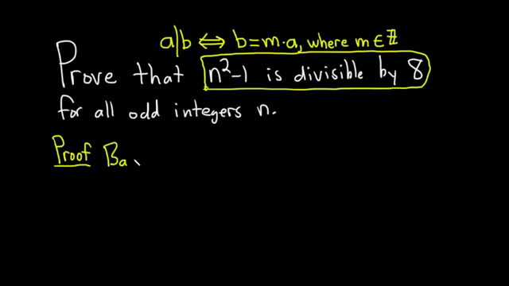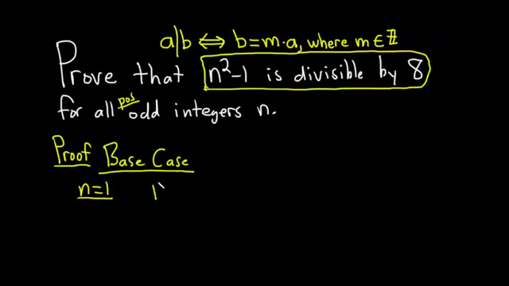So we'll do the base case first. In the base case, we have to show that our statement is true for the smallest odd integer. By the way, this should say all positive odd integers. So the smallest positive odd integer is 1. When n equals 1, what happens?